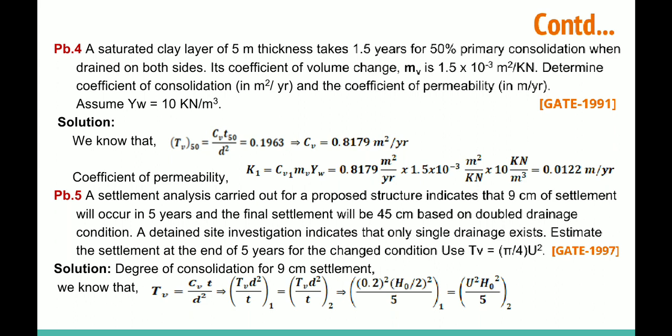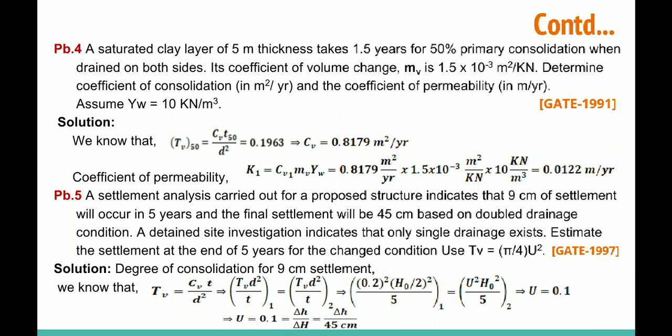For the second stage we don't know the degree of consolidation. H naught we can write for the same condition, and time is also taken as 5 years. See, H naught will be cancelled, so we can calculate the degree of consolidation, which we get as 0.1, or in percentage 10%.